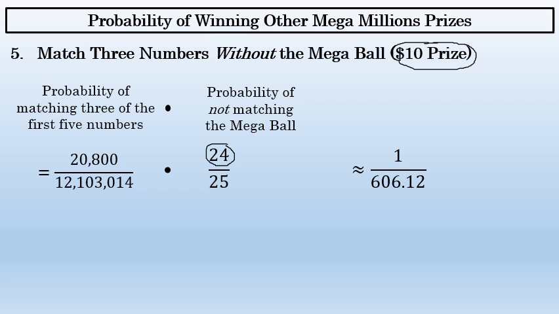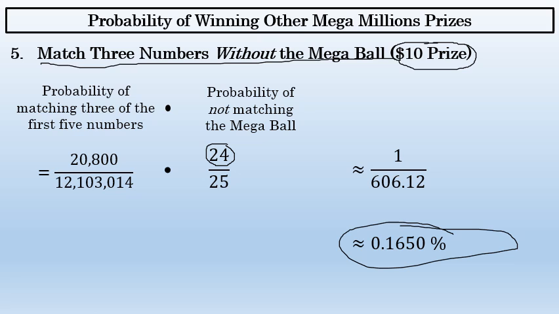This reduces to a little bit more than 1 in 606. That's your probability of matching 3 numbers without the mega ball and getting $10. As a percent, this is just over 0.1%, 0.1650% is your chance of matching 3 numbers without the mega ball.